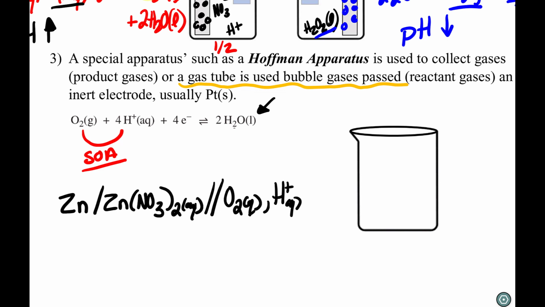There would have to be one, but there may or may not be in the actual cell notation. And then because there is no such thing as solid conducting oxygen gas or hydrogen ions, I would have to use platinum or carbon, and I'm going to just stick with platinum on this one.